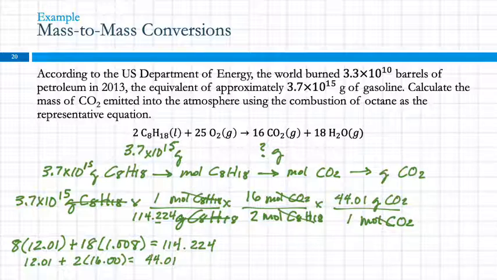So then, start at the left and move across, multiply by the top, divide by the bottom. So 3.7 EE15 divided by 114.224 times 16 divided by 2 times 44.01 equals 1.140 times 10 to the 16 grams of CO2.